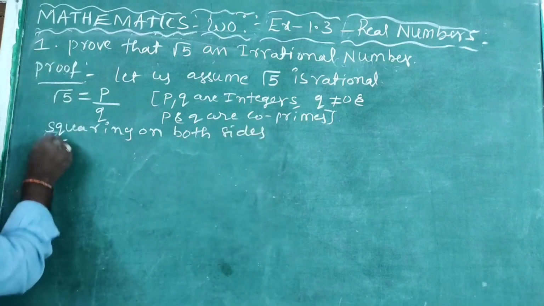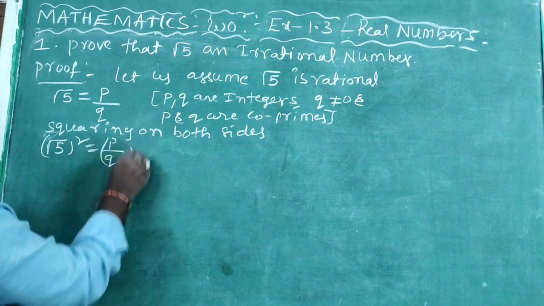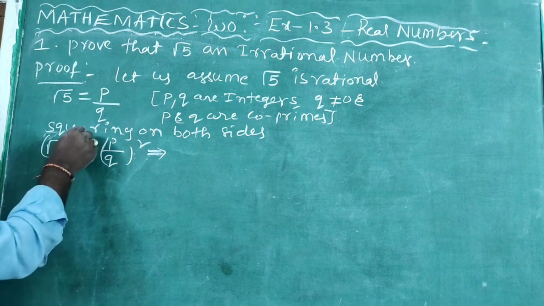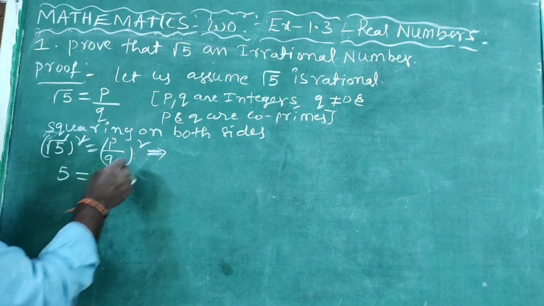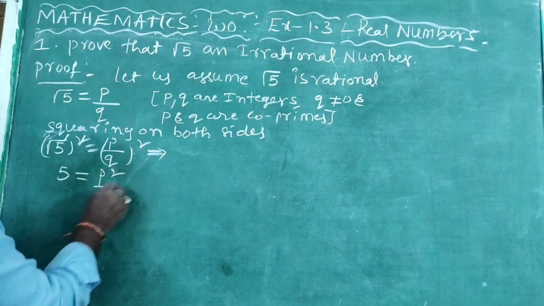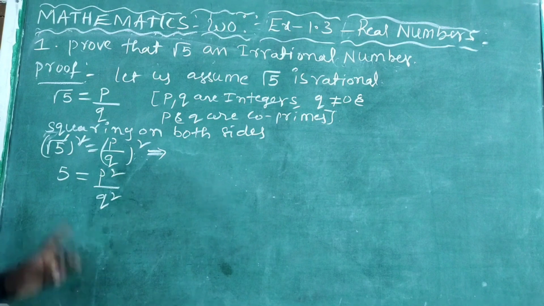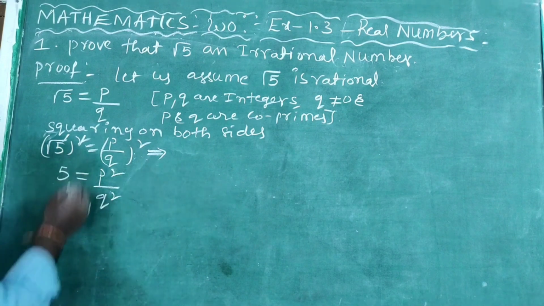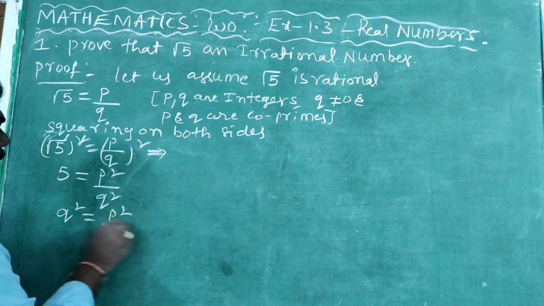Root 5 whole square equals p by q whole square. Simplifying, the square and root get cancelled. Now the remaining is 5 equals p square by q square. Now I can write this as q square equals p square by 5. Equation 1.